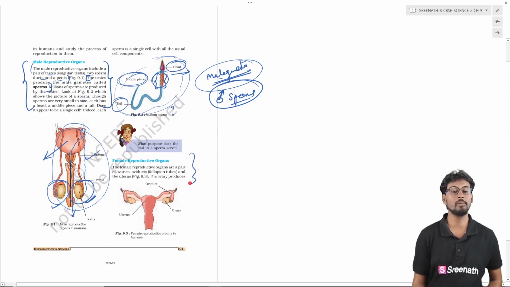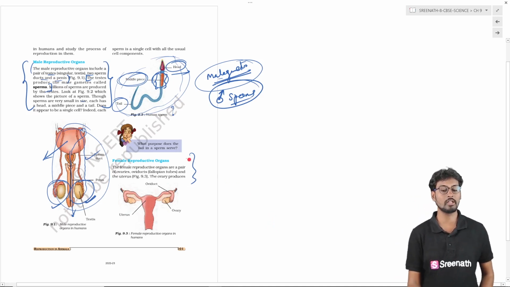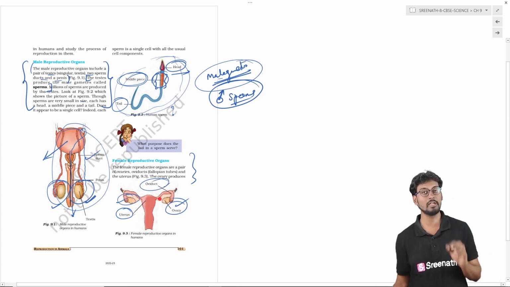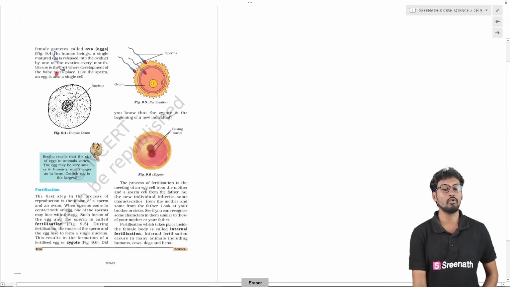Coming to the female reproductive organs, we have a pair of ovaries, followed by the oviduct, that is the fallopian tubes, and also a uterus. A pair of ovaries followed by the oviduct and the uterus completely make up the female reproductive organs.